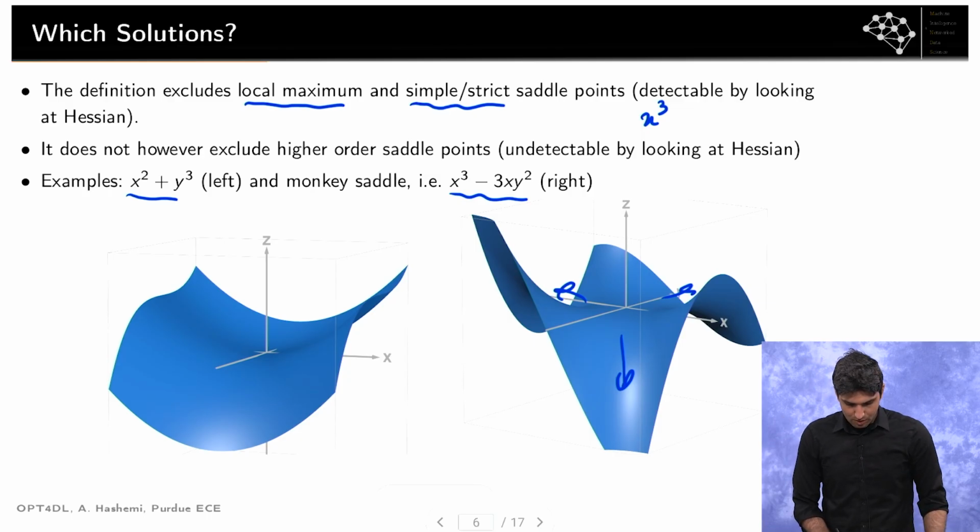So this definition is useful because we are excluding at least local maxima and simple saddle points, but the solution still could be a saddle point, which remains undetectable by just looking at the Hessian.